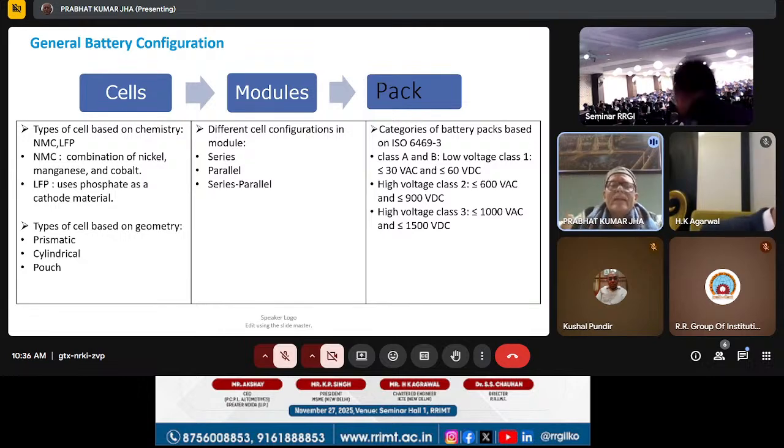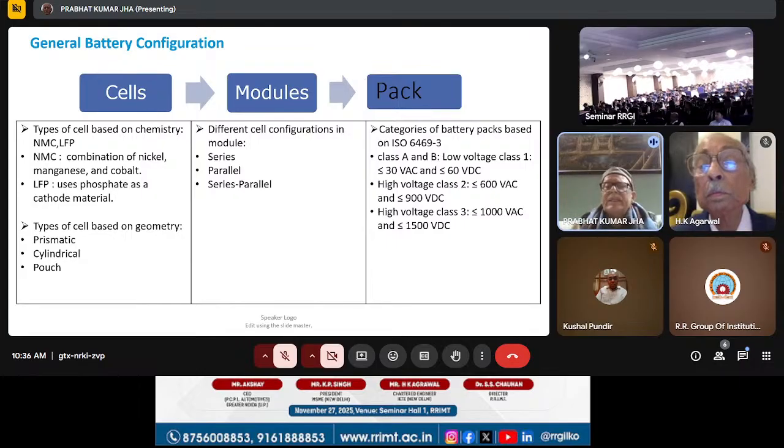Modules are different: series, parallel, and a combination of series and parallel. And the pack is the category of battery packs based on ISO 6469-3, that is class A and B batteries, low voltage class 1, high voltage class 2, and high voltage class 3. So these are the three packs available.